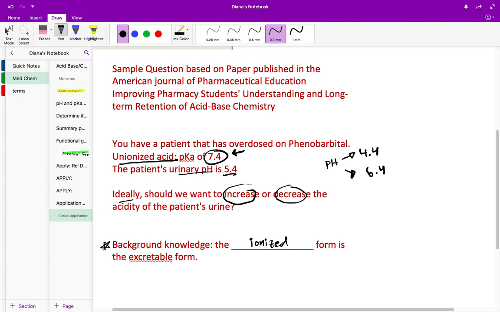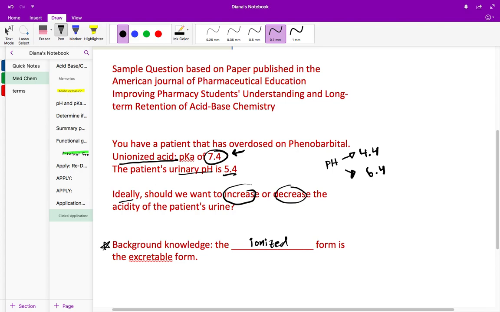And this is going to make more sense later when you start to learn about pharmacokinetics and excretion and tying in acidity and basicity there. But for now, all you need to know is that the ionized form is the excretable form. So in other words, the ionized form is the form that would allow the patient to get rid of the drug more quickly and would be a better idea for the patient who has overdosed on phenobarbital.